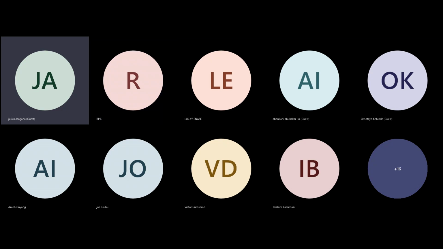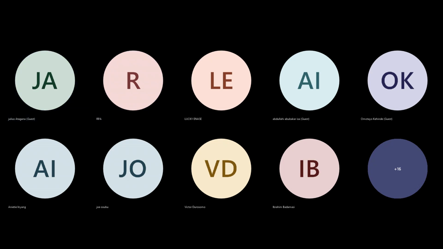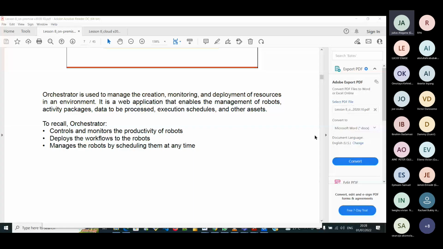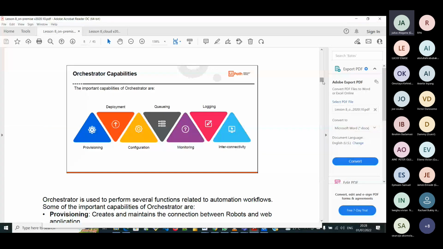So I'll quickly share my screen again as we continue. Earlier on, we were talking about the orchestrator, and we also talked about the deployment. This deployment is whatever you have done on your code, you publish it into the orchestrator and run from the orchestrator.